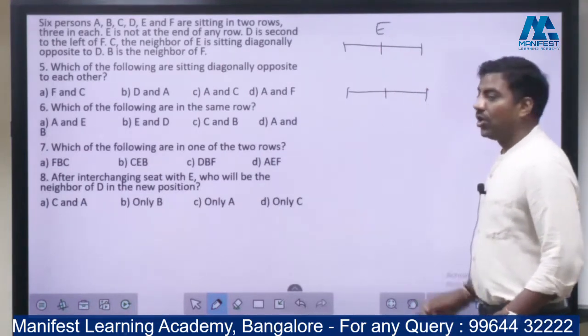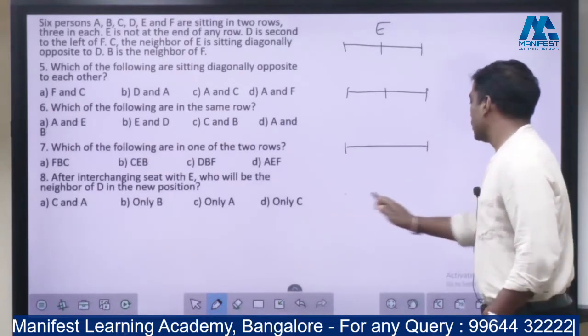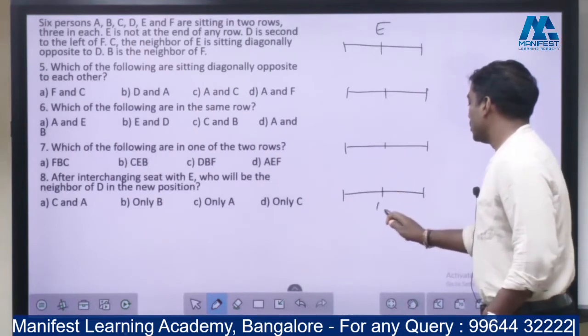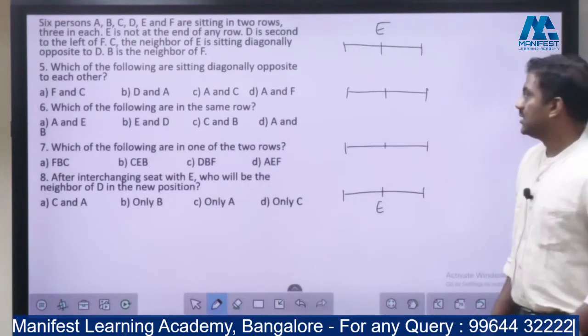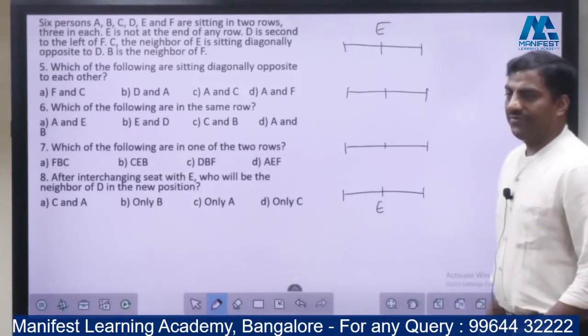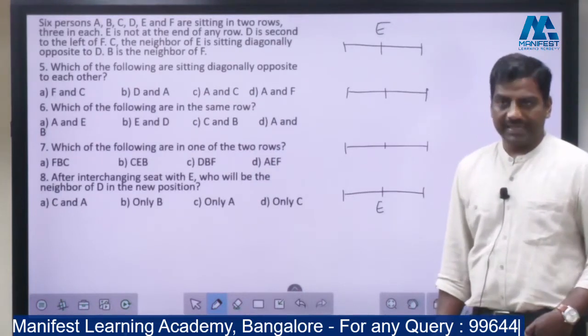Either here, or if you take any other position, any other diagram again. So, E might come here. These are 2 chances. D is second to the left of F. In one row, only 3 persons are sitting.